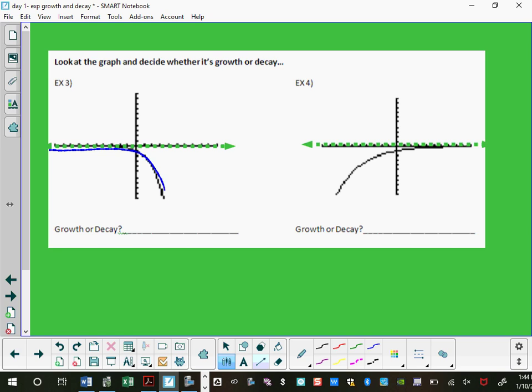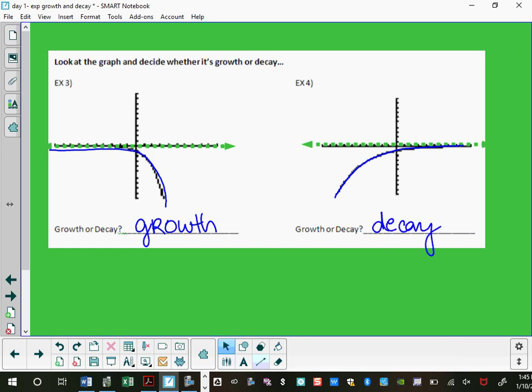Away or towards? Away. Away, so growth or decay? Growth. All right, what about example 4? Away or towards? You're going towards it, so growth or decay? Good. We understand growth and decay. Okay, good.